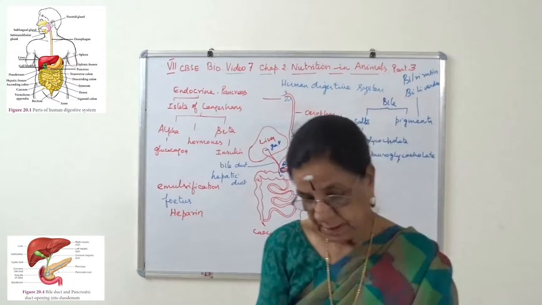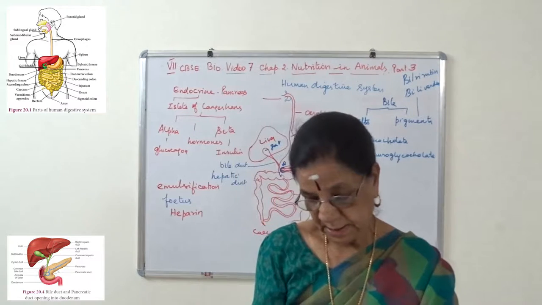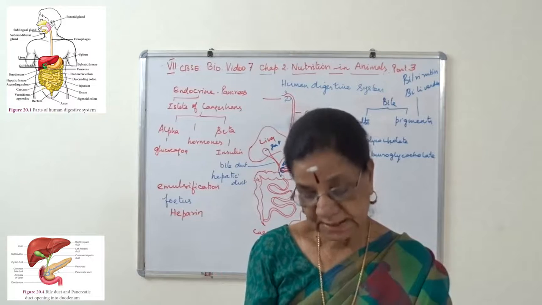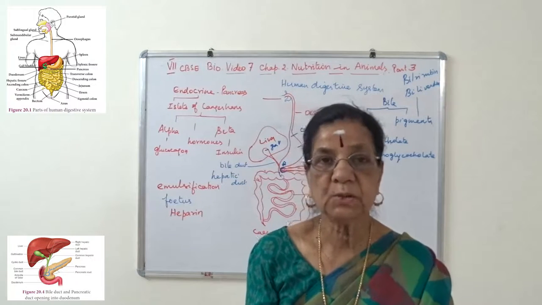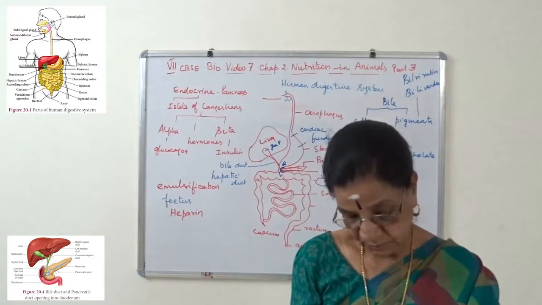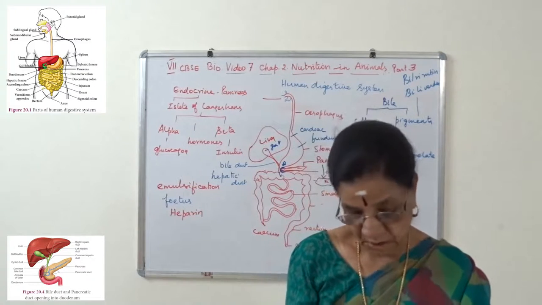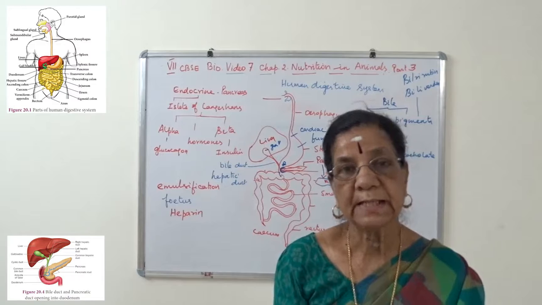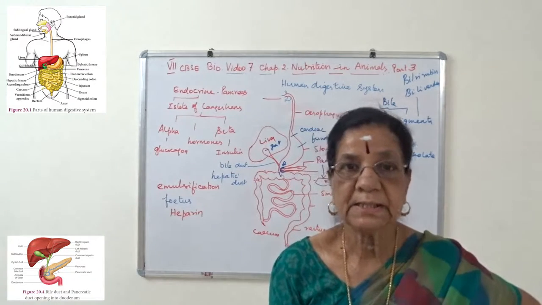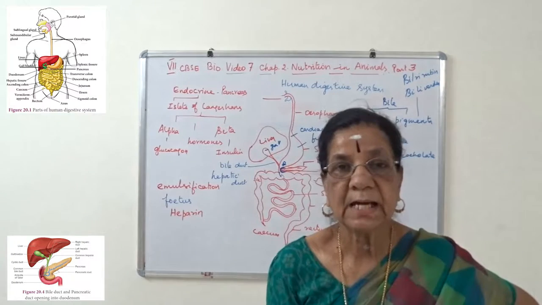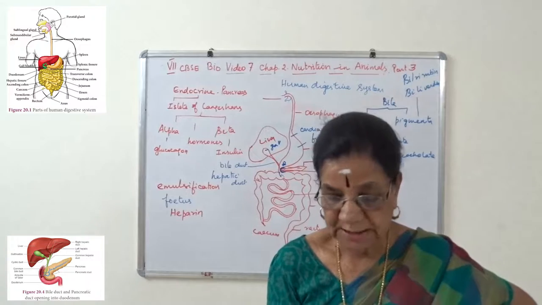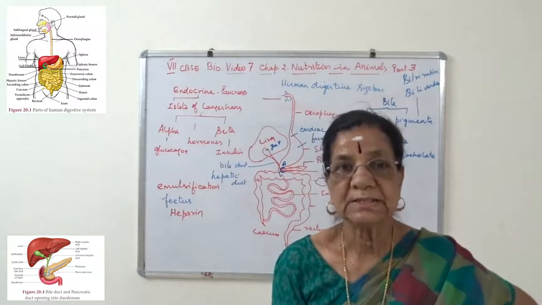So I repeat: it controls blood sugar and amino acid level, synthesizes fetal red blood cells, produces fibrinogen and prothrombin used for clotting of blood. It destroys RBC. It stores iron and copper as minerals, and vitamins A and D. It produces anticoagulant heparin and excretes toxic and metallic poisons.